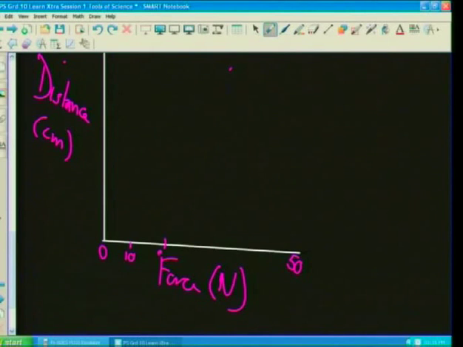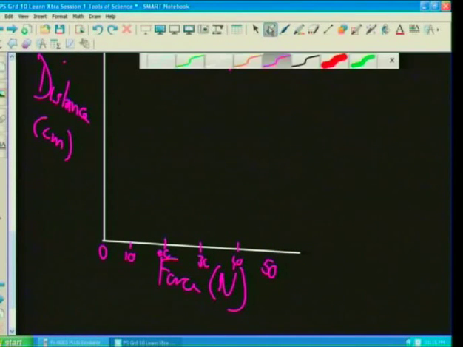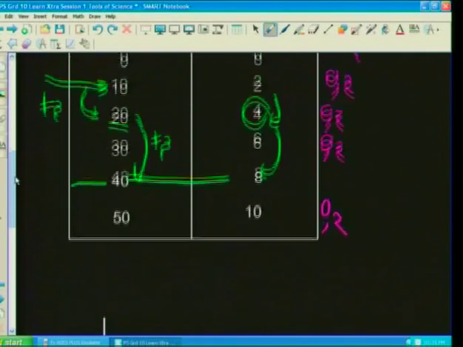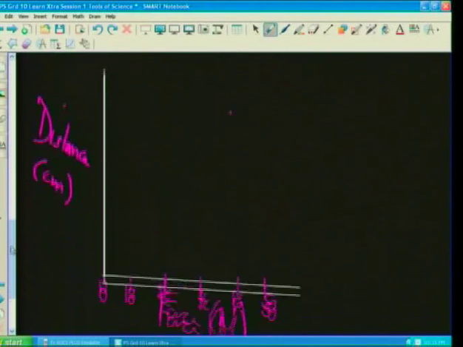10, 20, 30, 40, and I'm going to move that 50 and bring it a little bit closer and say that one can be the 50 over there. Now I've tried to do it as evenly as we can, and then over here we're going to go from 0 to 10.